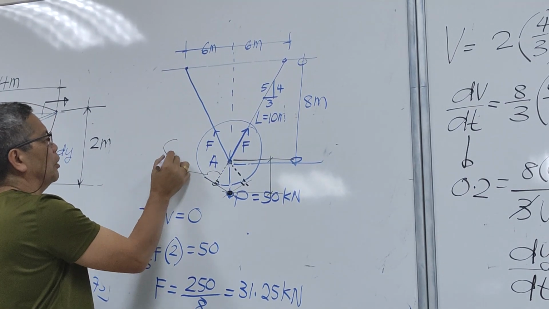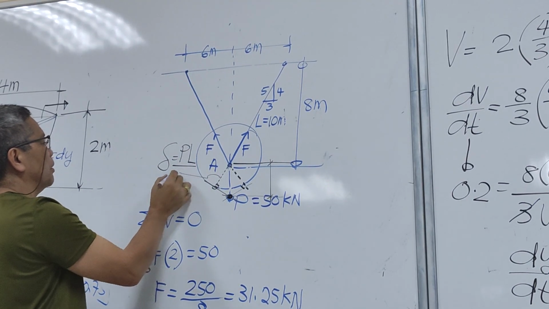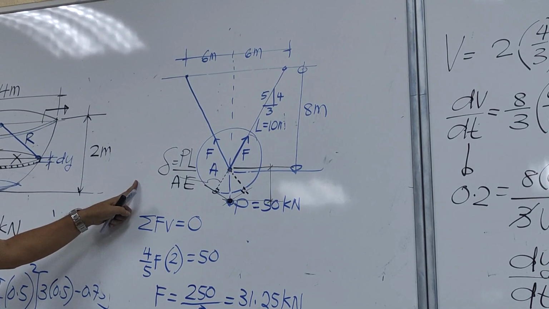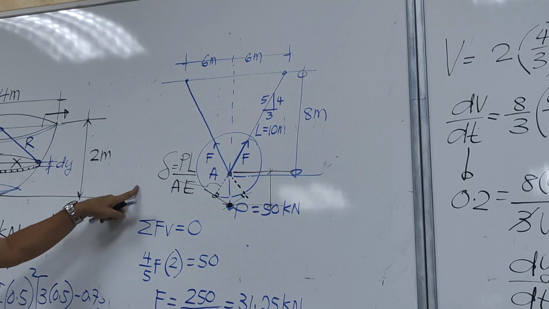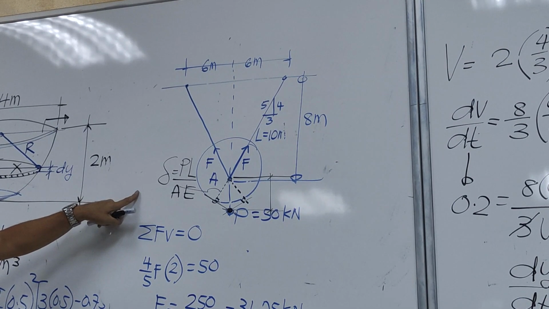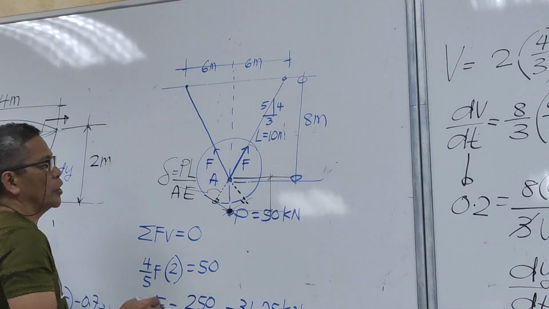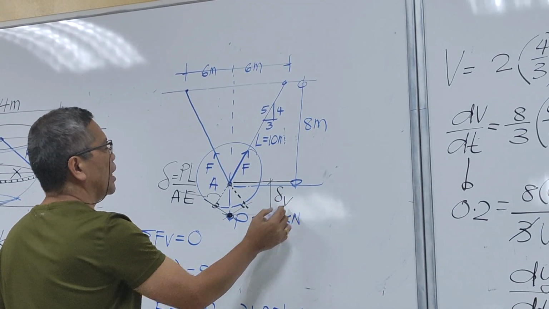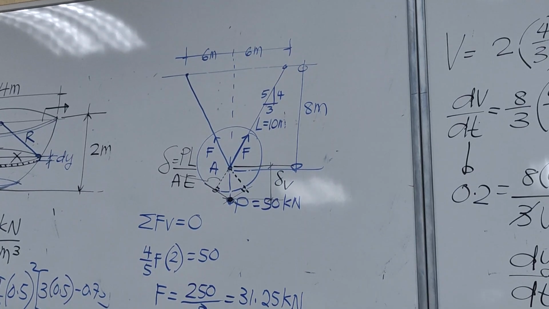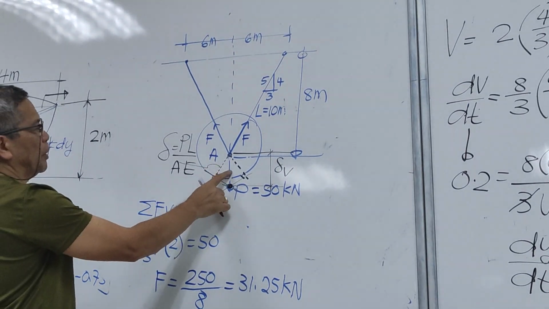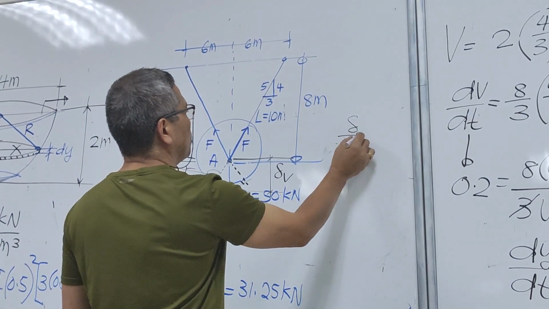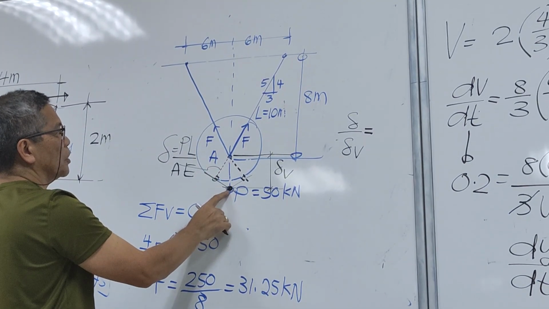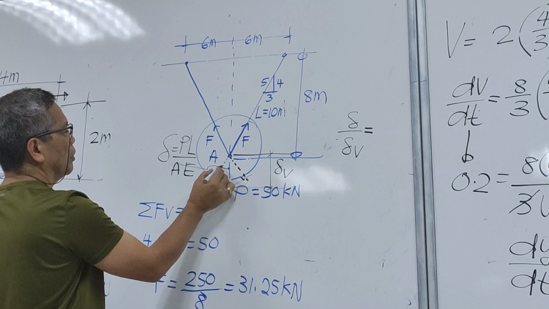That elongation can be calculated using which law? Hooke's law on axial deformation. Now, to compute the vertical movement of A, delta V, the relationship between the two, delta over delta V, is equal to this one over this, which equals the cosine of this angle.